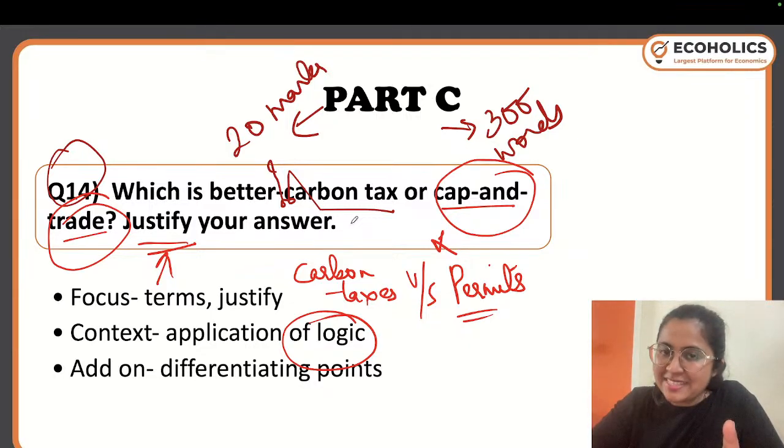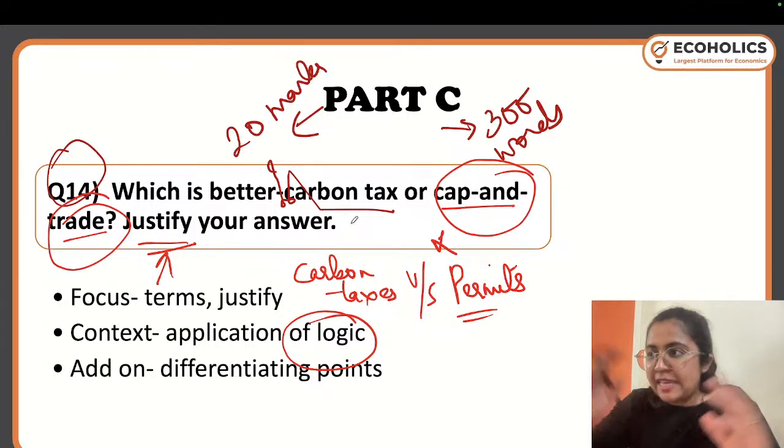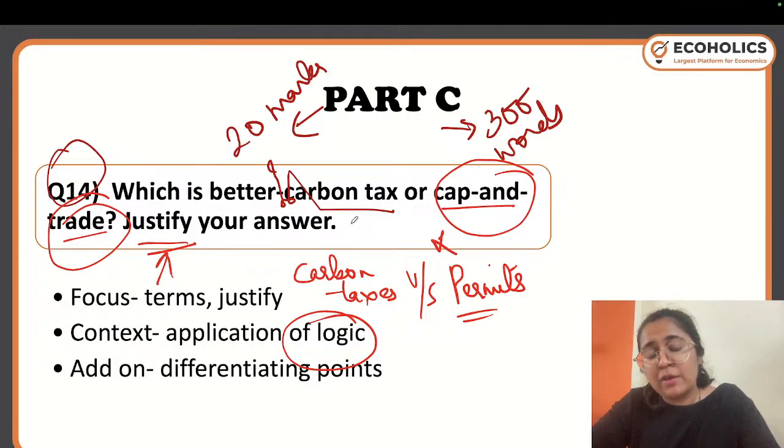Carbon permits are for trading, but eventually they are also permitting or allowing industries to pollute. In this streak of development, permits are very viable, right?